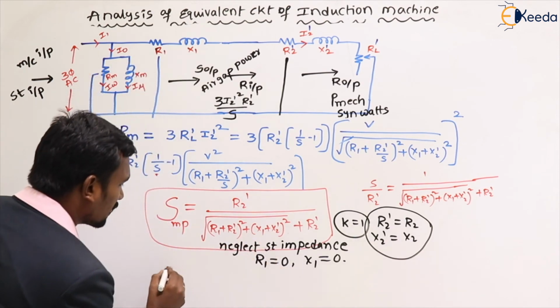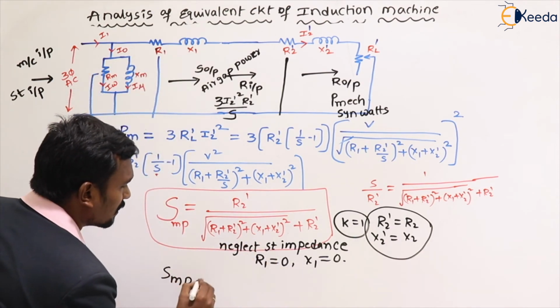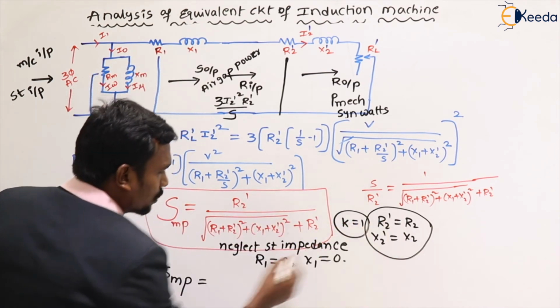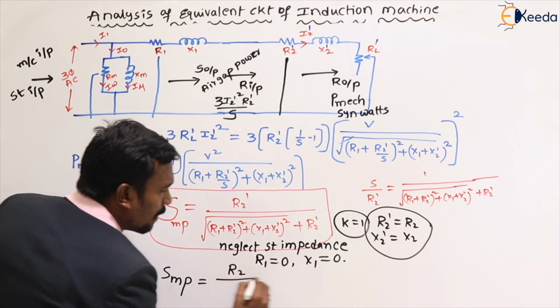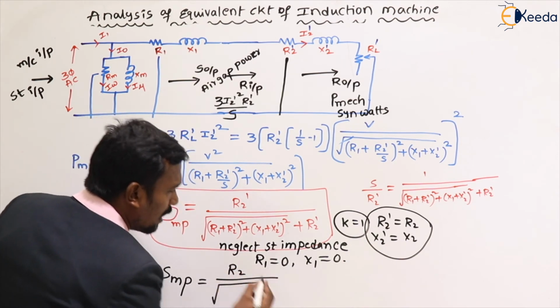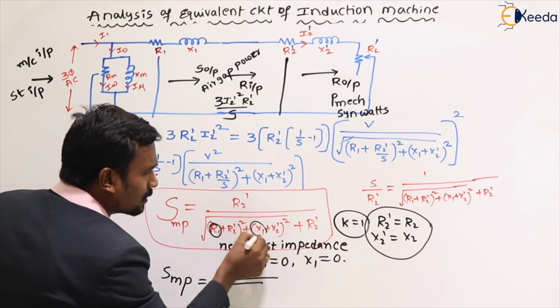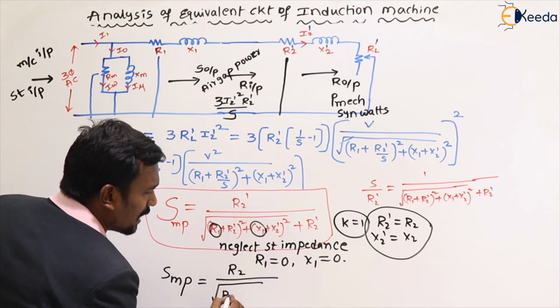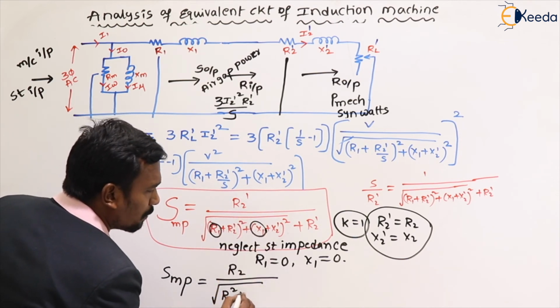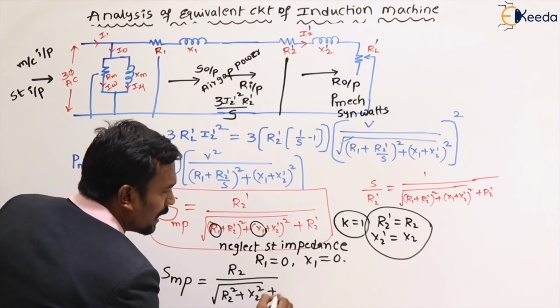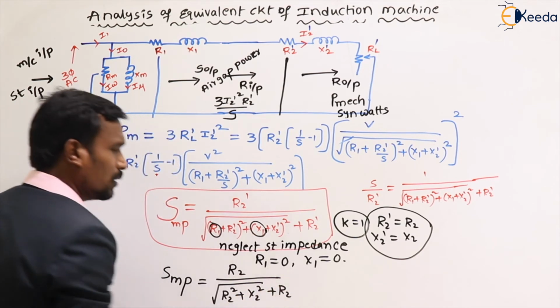Then what is the slip at maximum power? It is R2 upon the square root of R2 square plus X2 square, plus R2.